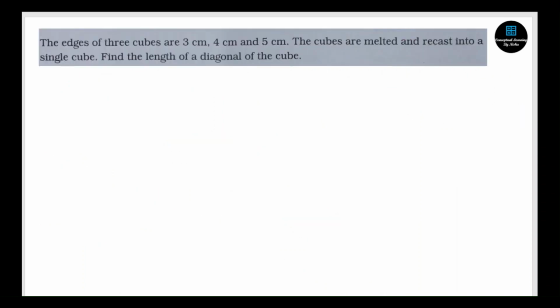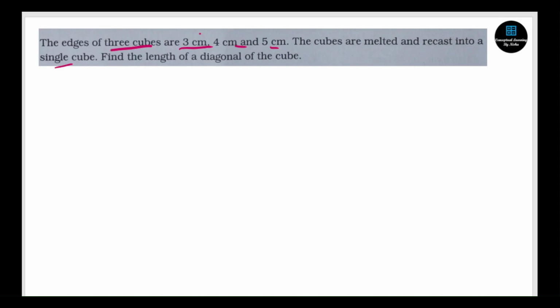Now very interesting question. See, 3 cubes of these sides are melted and recast into a single cube. So a very common mistake, students are just adding up these sides and they are simply finding the answer, but that's not correct. See, there are 3 cubes, okay, these are melted and then you are forming a single cube.